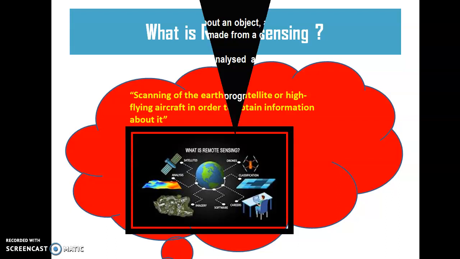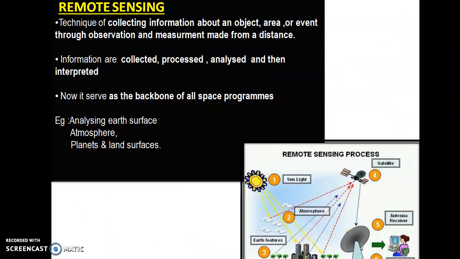So let's move. More clearly, remote sensing can be stated as the technique of collecting information about an object or an area or an event through observation and measurement, which is made from a particular distance.